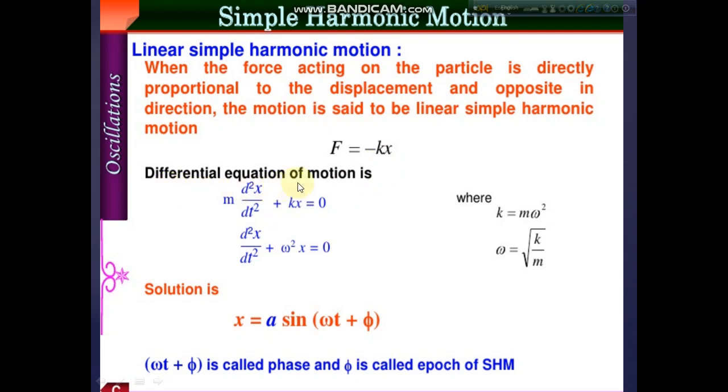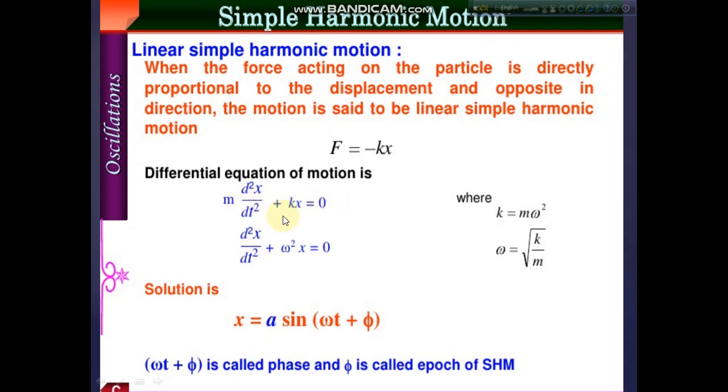Now the differential equation of motion: m d square x by dt square plus kx equals 0. Here m is the mass, the first term is the differential term, k is the force constant of a spring, and x is the displacement.